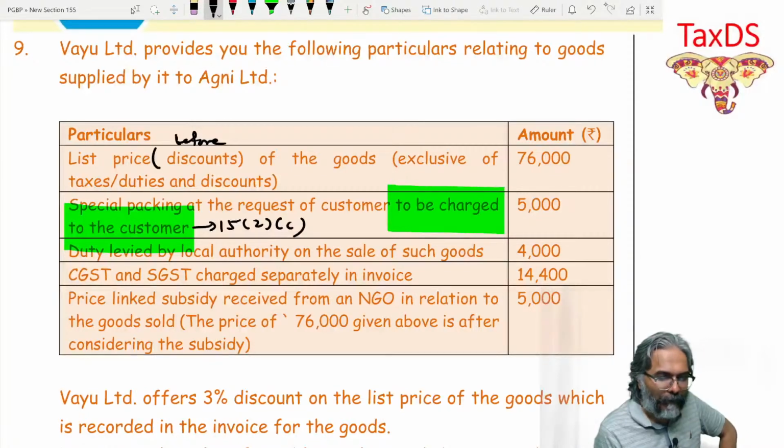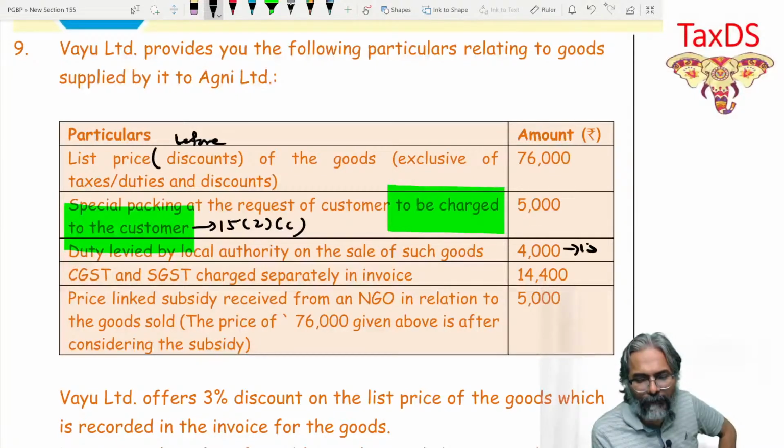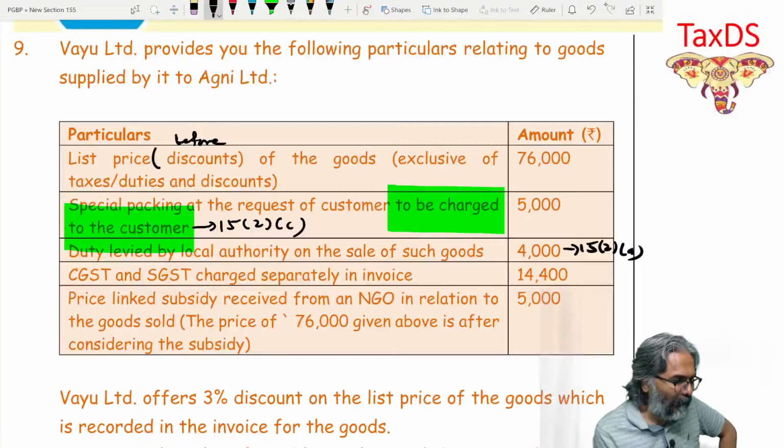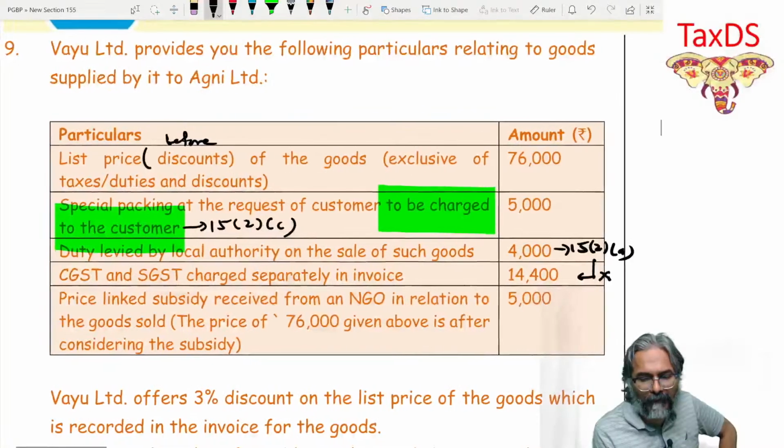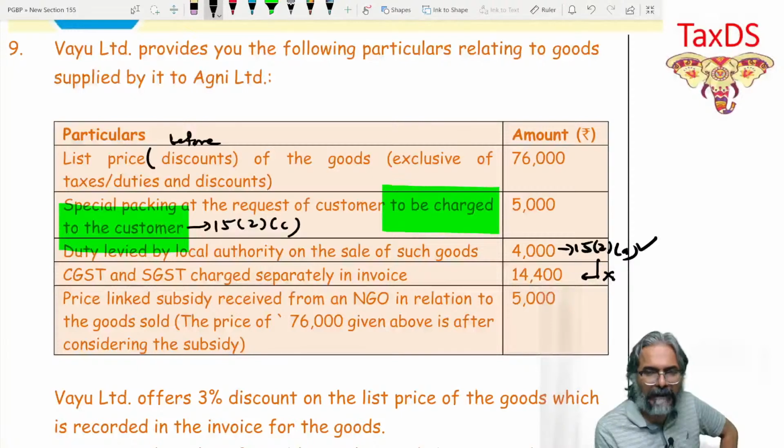Now coming to duties levied by local authority on the sale of such goods. This will take you to 15.2a. Then the CGST and SGST charged separately in the invoice. So give the reference of 15.2a only and then you say no. And for the first one, give the reference of 15.2a and then say yes.